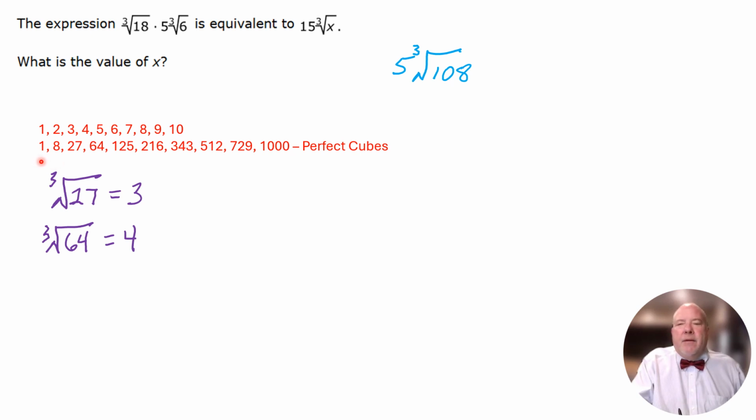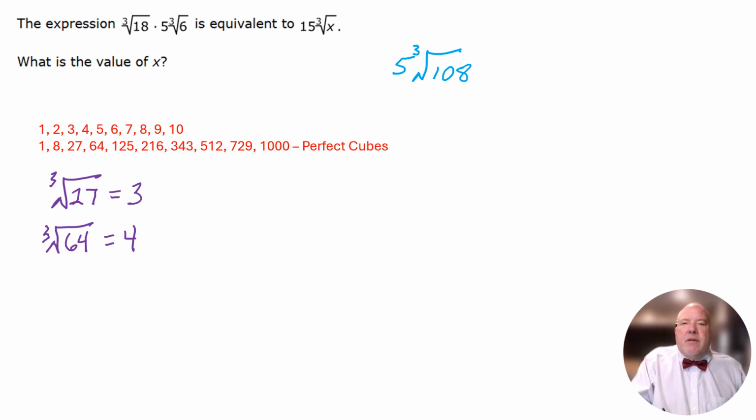Don't include 1, because that's not going to help you any. So if I take 108 and divide it by 8, it comes out as a decimal, so that's not going to work. If I take 108 and divide it by 27, it comes out as 4. So 27 times 4 is equivalent to 108.